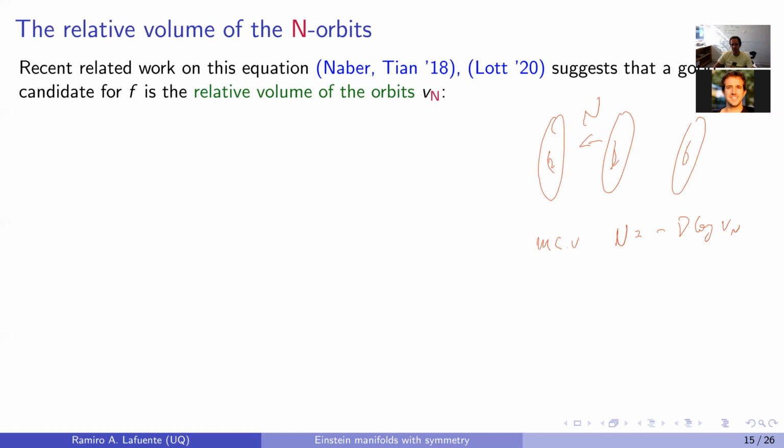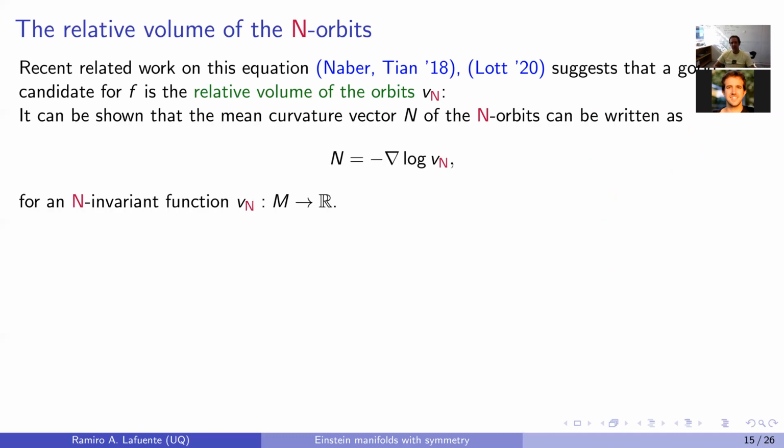So if you look at the mean curvature vector of the orbits, then it can be proved that this is a gradient vector field on M. And it's the gradient of a function which we call minus logarithm of V_N, inspired by what I just mentioned. And this V_N is some N invariant function on M. So this actually works in the case that's considered in this paper.